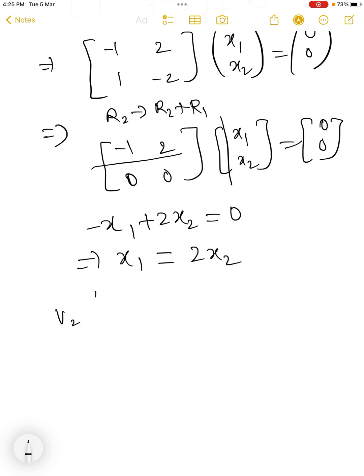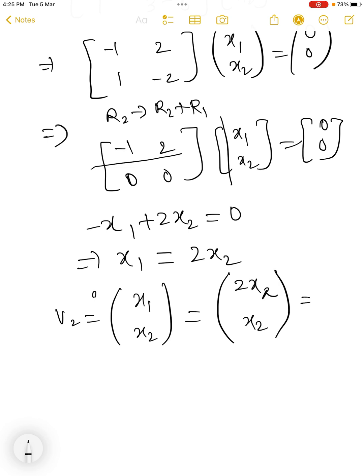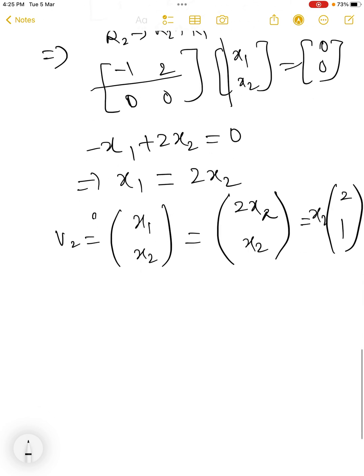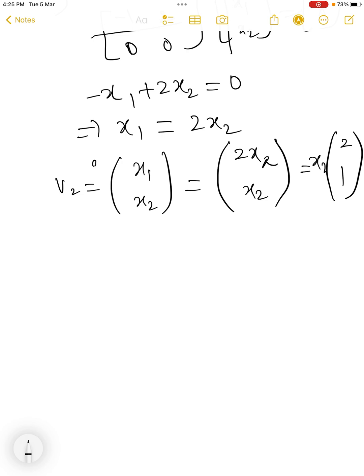Now what is v2? v2 equal to [x1, x2]. We can write 2x2 in place of x1, so [2x2, x2]. We can take x2 common, [2, 1]. So this vector [2, 1] is a spanning vector for our eigenvector. So v2 will become [2, 1].